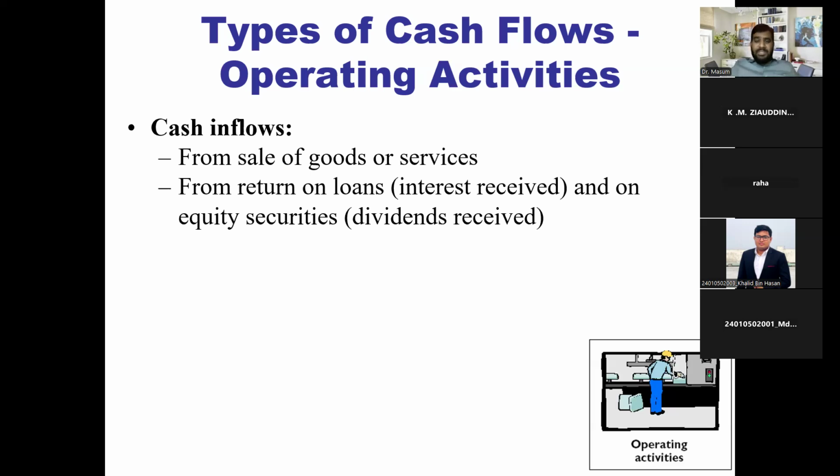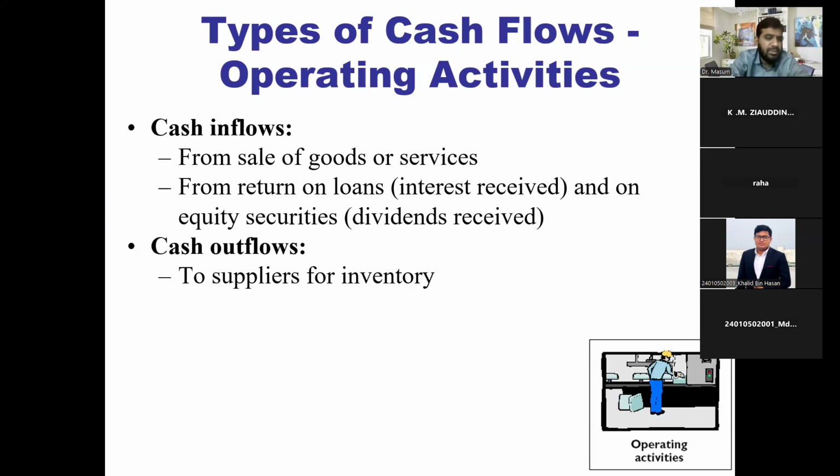Say, for example, a sewing machine manufacturer will sell sewing machines, that will be an operating activity. Also, return on loans, interest received, or dividends on equity securities are cash inflows from operating activities. Return on loans means you are providing a loan to somebody else, and for equity securities, you are investing money and you receive dividends.